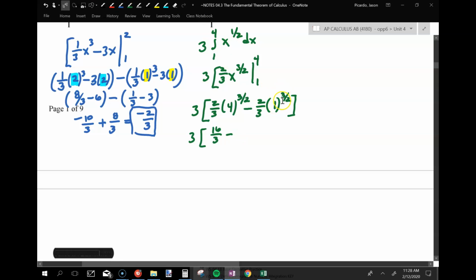All right, 1 to any power is 1, right? And then this is minus 2/3, right? So that's 3 times 14/3. What's 3 times 14/3? That's 14, right?